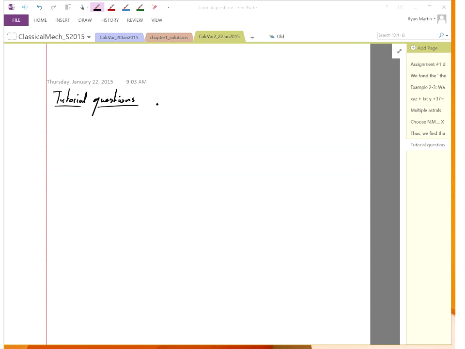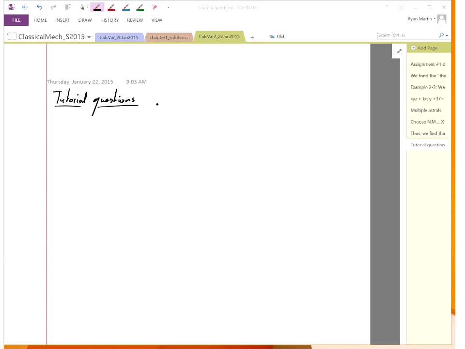In this problem, I give you these transformations between the Cartesian coordinates on the left and the generalized coordinates, which I've labeled q, on the right. The question asks you to find the velocities of the Cartesian coordinates as expressed in the generalized coordinates, as well as the acceleration. That's something we actually did in the example with the compound pendulum.